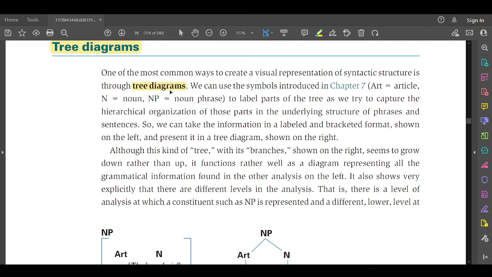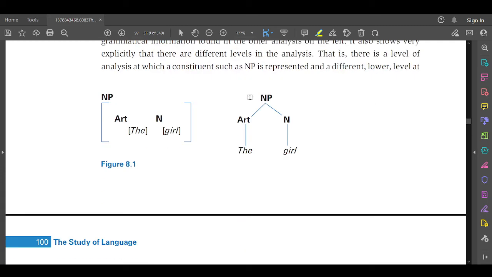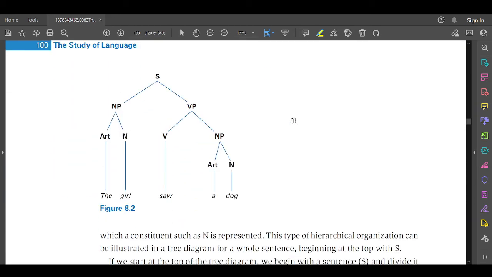Similar to what we used in the chapter on articles and nouns, NP labels the tree, as we try to capture the hierarchical organization of the parts in the underlying structure of a phrase or sentence. You see an example here: NP, which is part of the sentence, has an article and a noun. We'll stop here to make things clear later on.